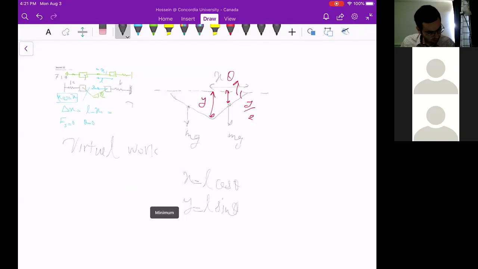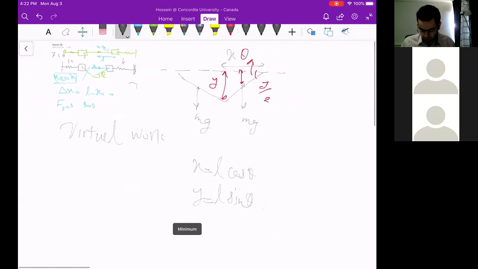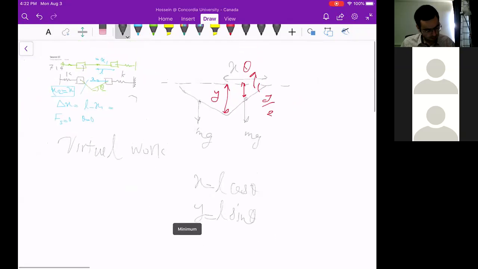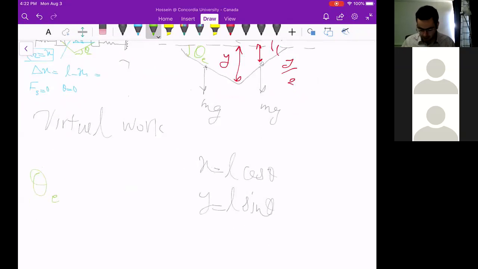The length of this is L at first. L cosine theta is x and L sine theta is y. So once we release the system, due to the mass of the two bars, the system will be stationary at theta equilibrium, theta sub E.